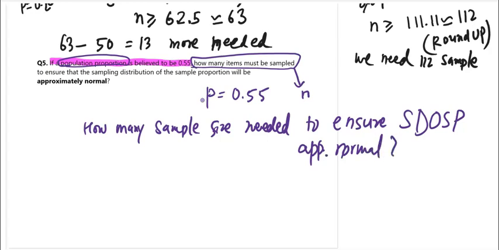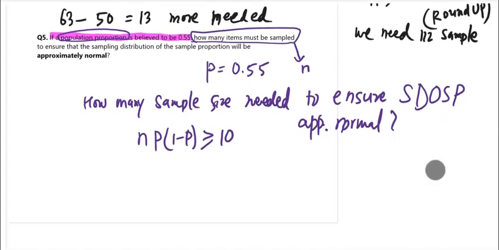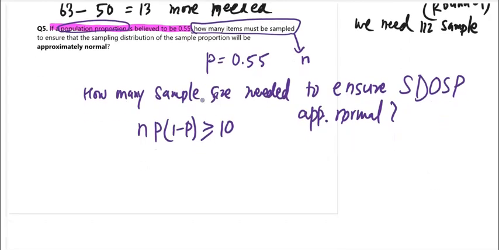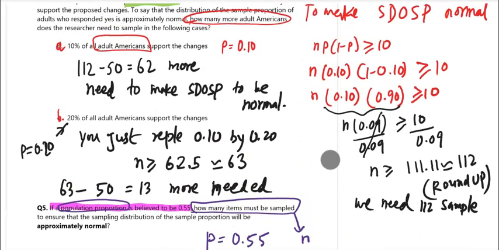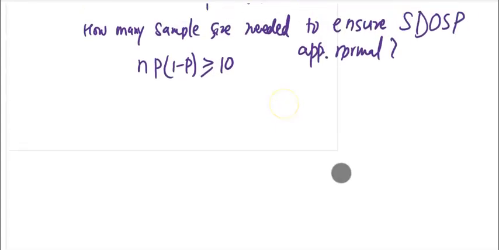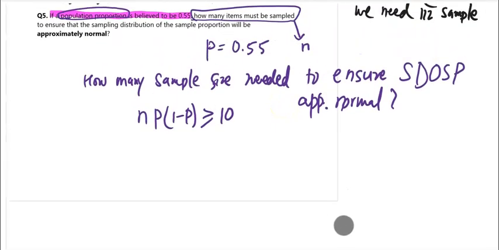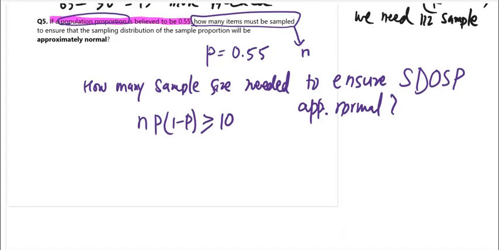Same idea here. We need the criterion np(1-p) greater than or equal to 10 to be satisfied to make the sampling distribution of sample proportion approximately normal. I use the same technique as before. Here n is what I'm looking for: n times 0.55 times (1 minus 0.55) is greater than or equal to 10.